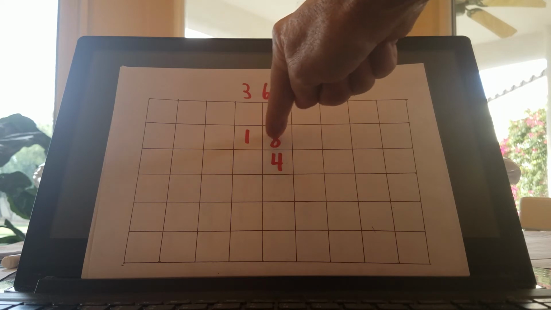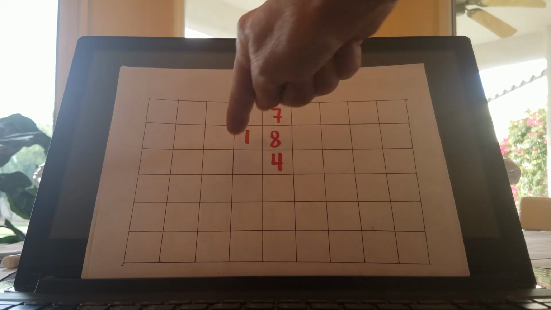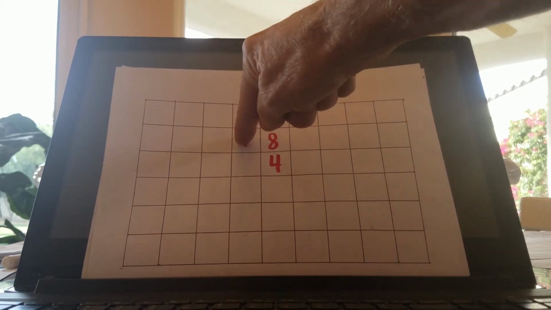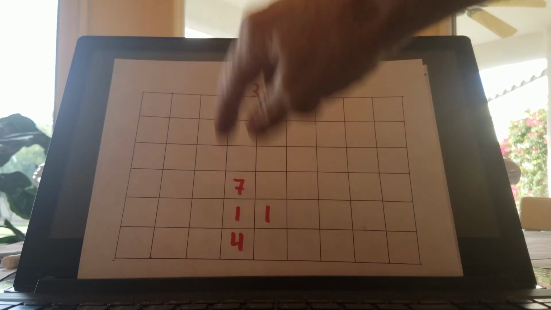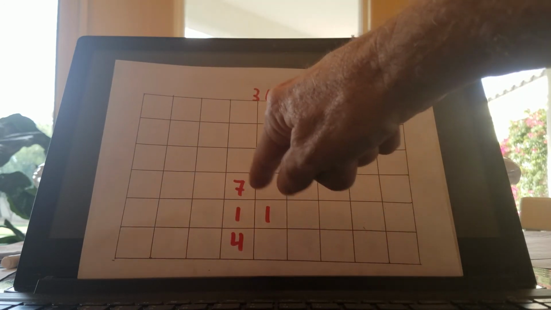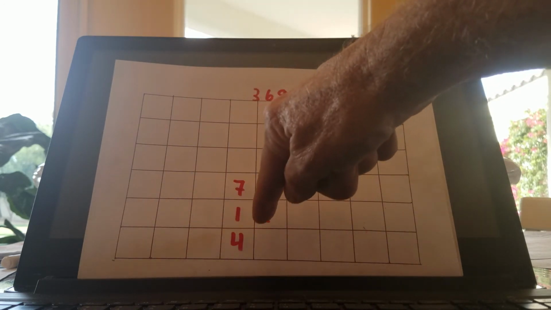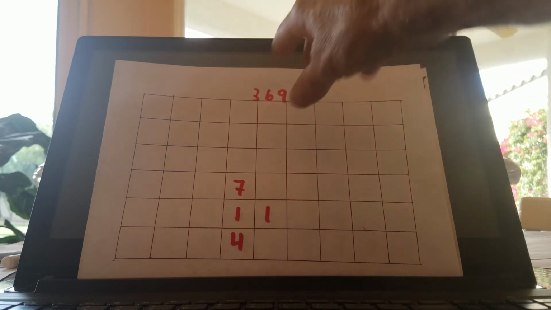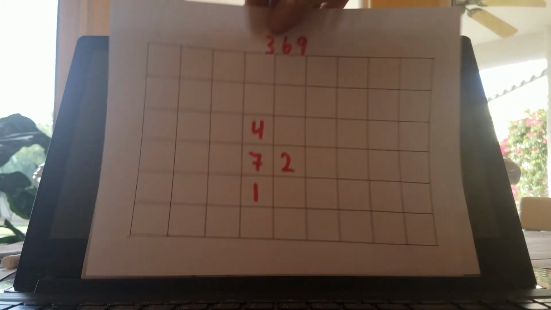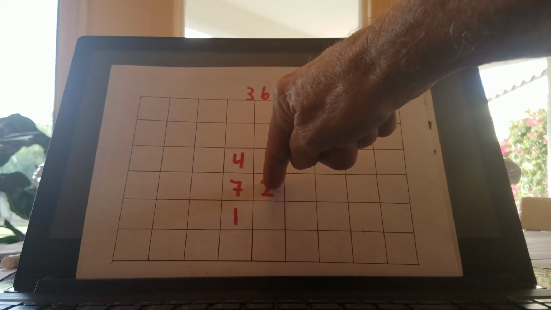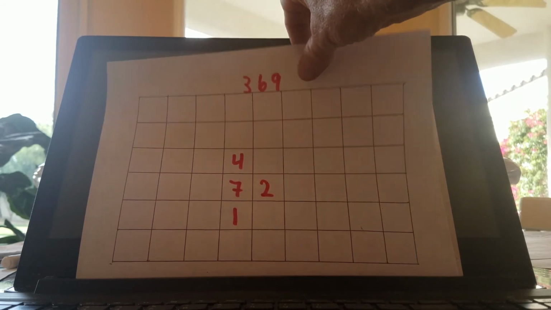Eight and 4 is 3, 8 and 7 is 6, 8 and 1 is 9. 7 and 1 and 4 is 3 as well. 4 and 2 is 6, 7 and 1 and 4 is 3, and 7 and 1 and 1 is 9. 4 and 1 and 1 is 6 as well. 7 and 2 is 9, 2 and 1 is 3, and 2 and 4 is 6.